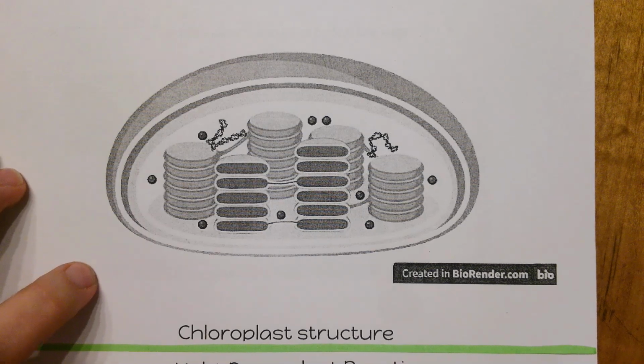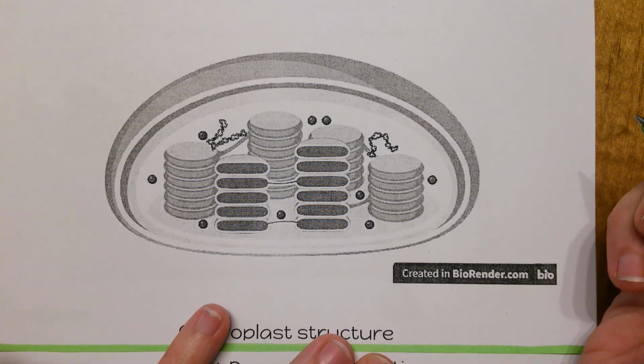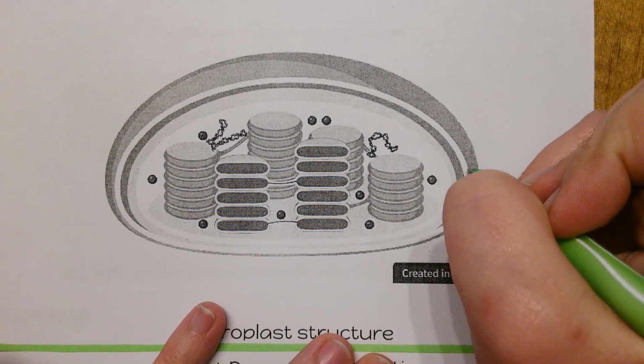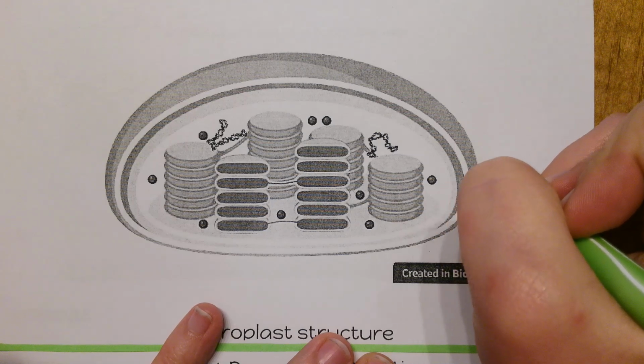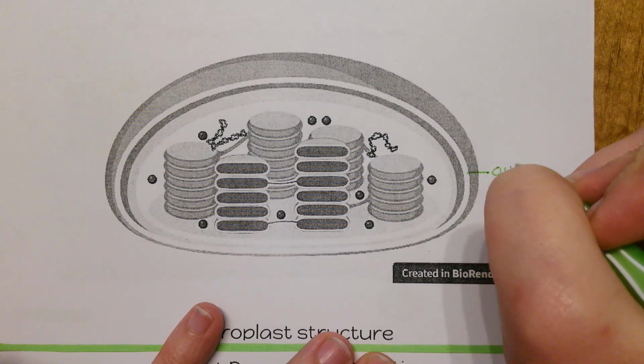All right, so I don't really like the shading of this picture a whole lot. I just created it for this video. So this white layer here, this is the outer chloroplast membrane.